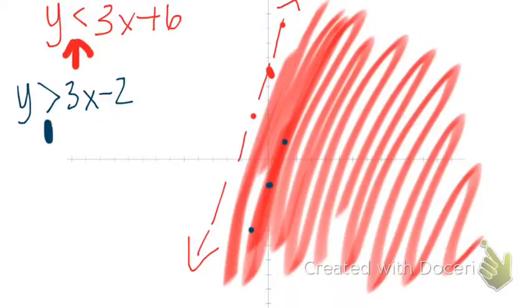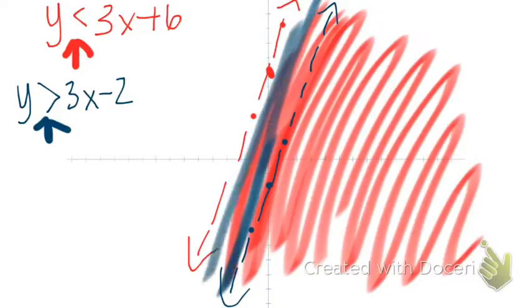This symbol tells me I need a dashed line. And then to shade it, what side of that line is y going to be greater than? Well, that's going to be on this side.